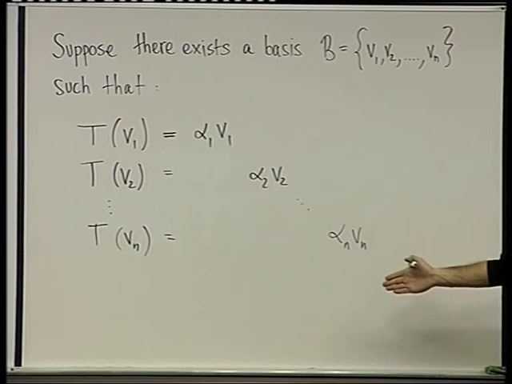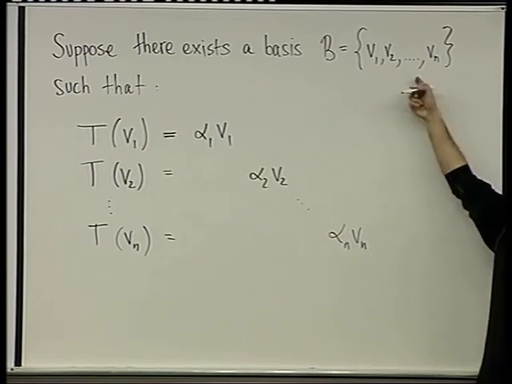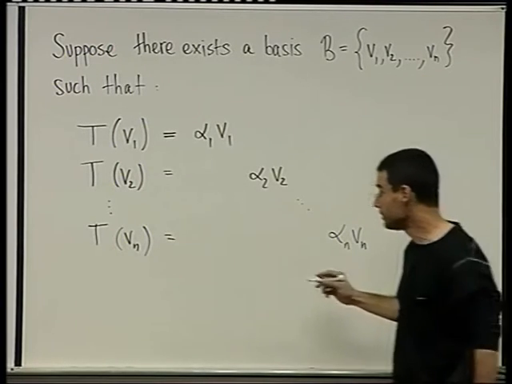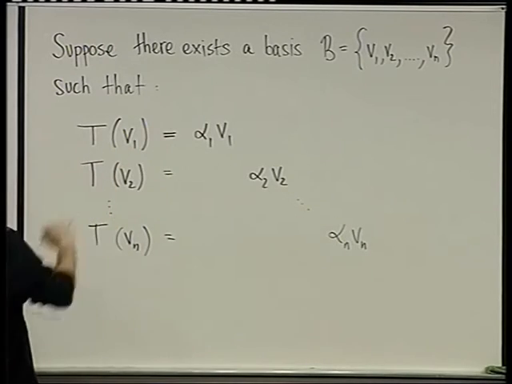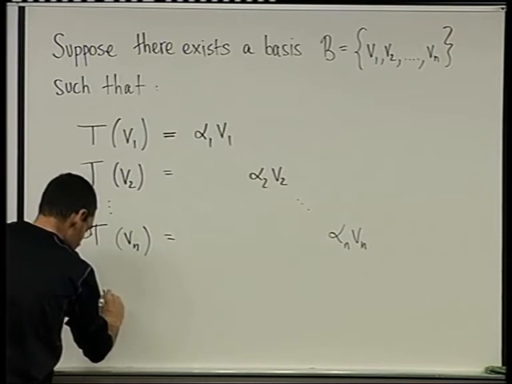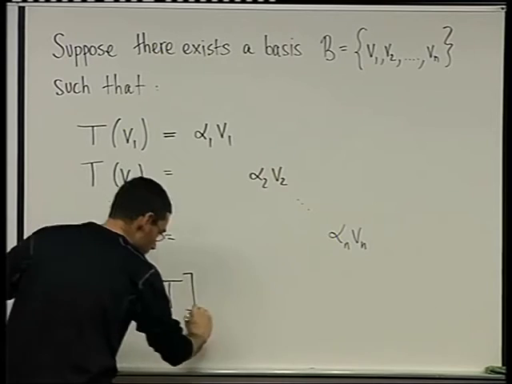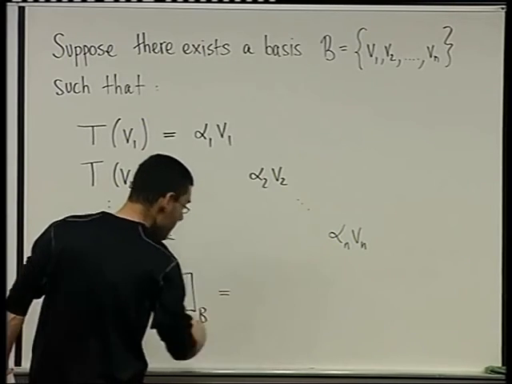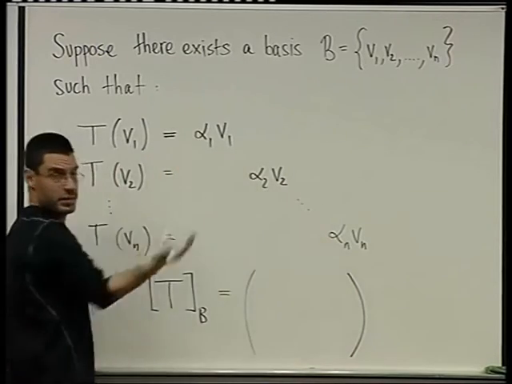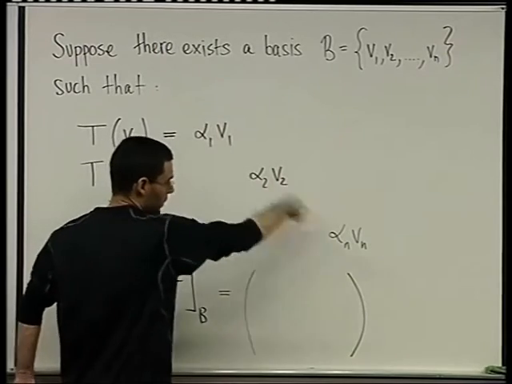And so on. So the representing matrix with respect to the basis B that satisfies this specific property is, so suppose there exists a basis such that, then the representing matrix of T with respect to this B is the matrix, the transpose of the coefficients, right? These are all zeros, so it's just this.